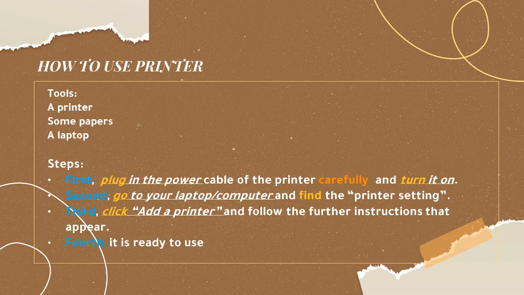The blue color is about connective words like first, second, third. The yellow color is about simple present verbs like play, turn, go, find, and click. The orange color is about adverb of manner. And the underline is about the command or imperative sentence.